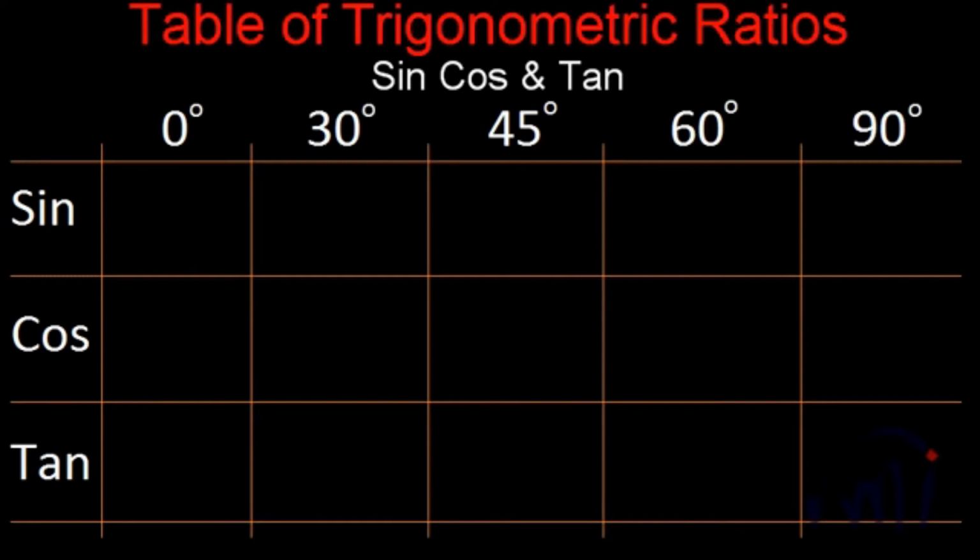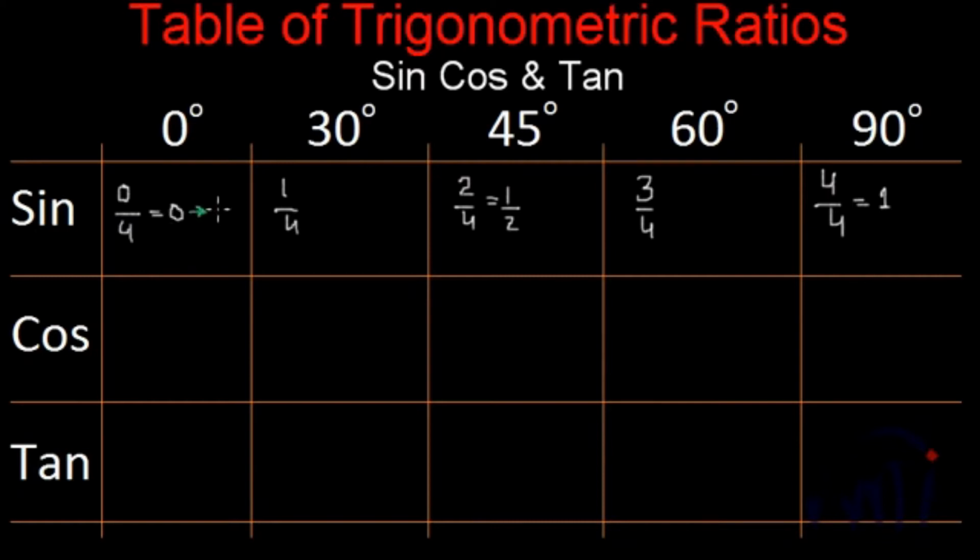First we will fill all the values of sine. Just write down numbers from 0 to 4 in order, and then you divide all these numbers by 4. 0 divided by any number is 0 itself. This will be equal to 1 by 2, and 4 by 4 will be equal to 1. Next you take the square root of these values.